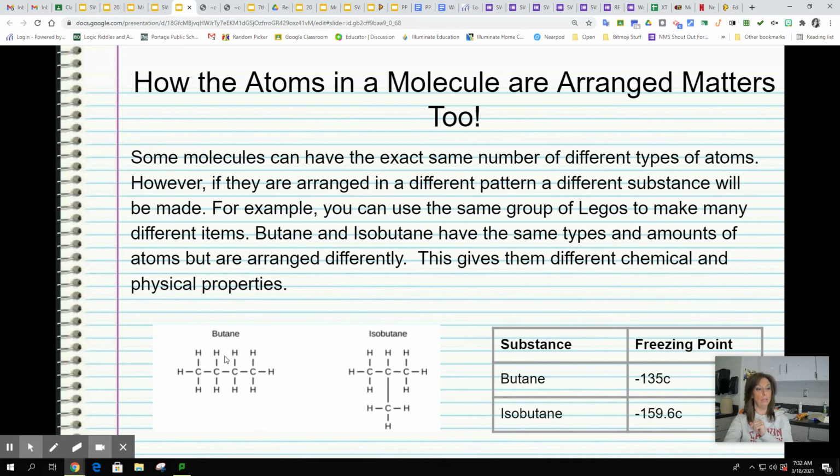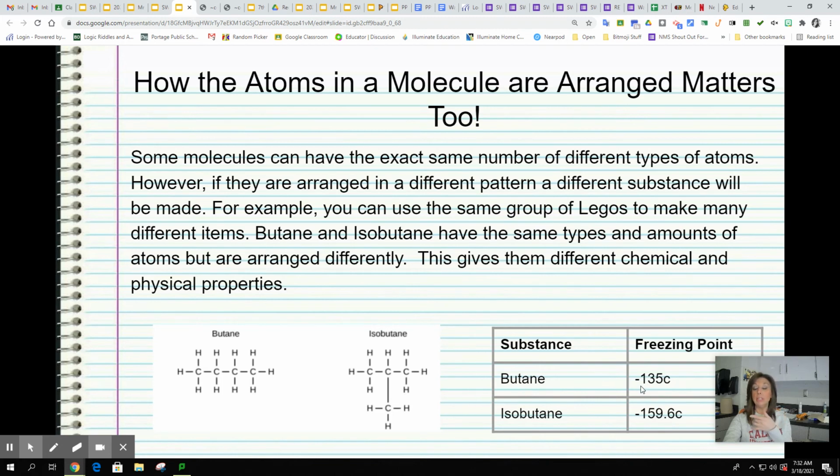Butane has 10 hydrogens and 4 carbons. Isobutane has 10 hydrogens and 4 carbons. So the same type of atom, the same amount of atoms, but arranged differently does make them different substances.